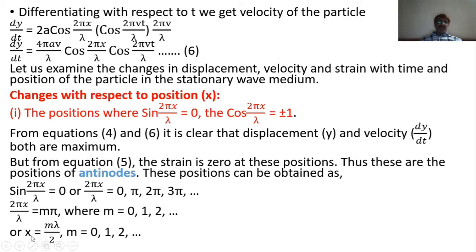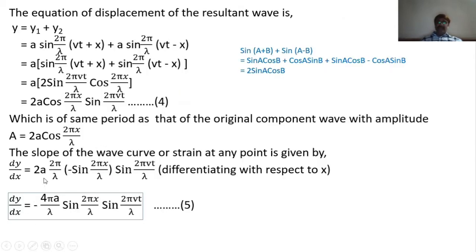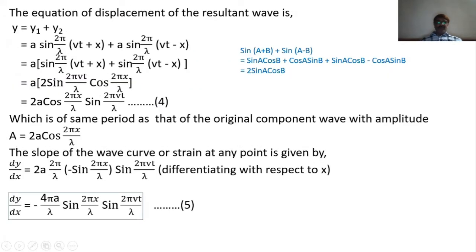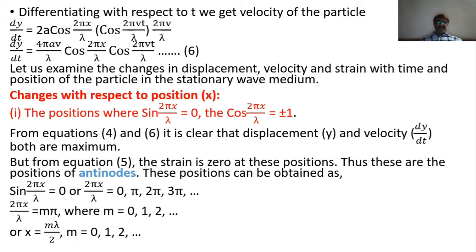Now what will be the first position? If we put m equal to 0, we get the first position, that is 0. And this first position is at the xy interface, here it is. So it is clear that at the xy interface we have an antinode.